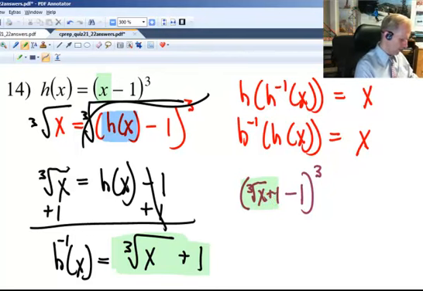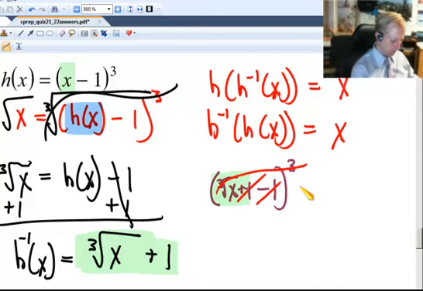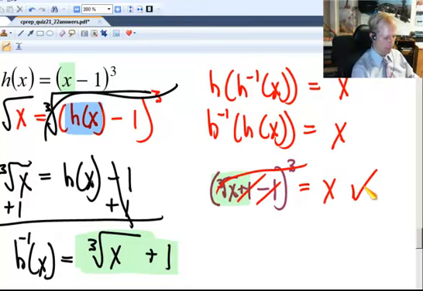So now I need to simplify, and when I do, I can see the 1's drop out, and then I'm really left with the cube root of x cubed. Well, those are reverse operations, so that leaves me with x, and that's what I want. So that one checks out.